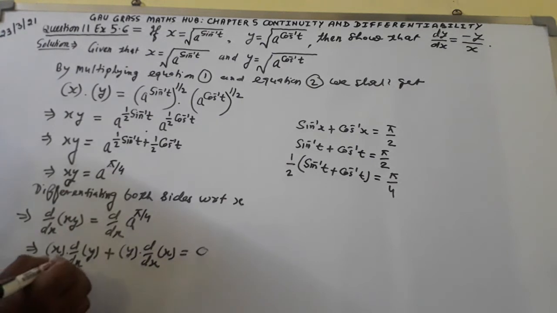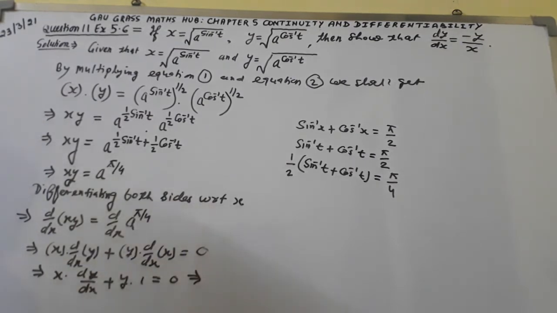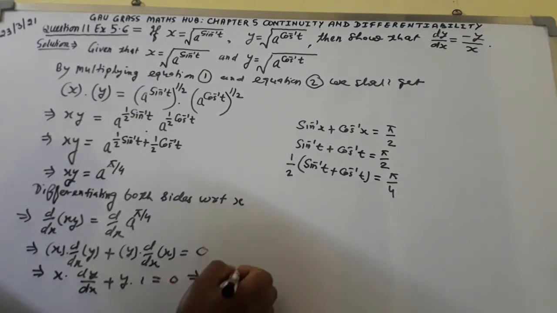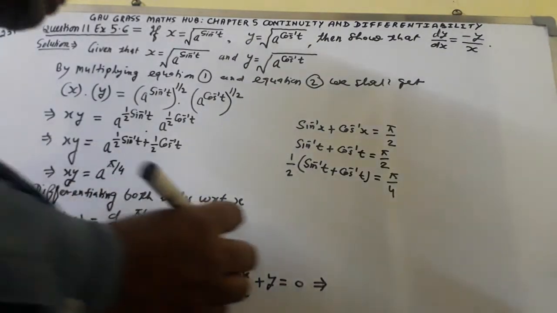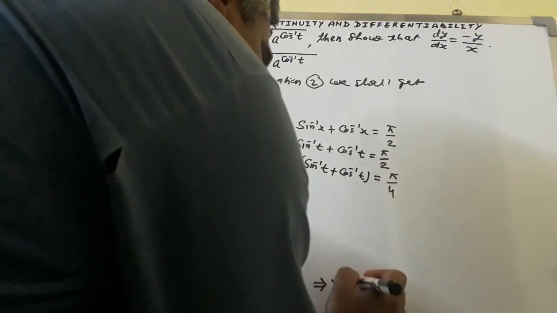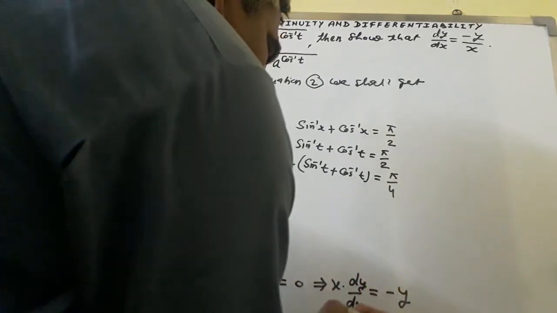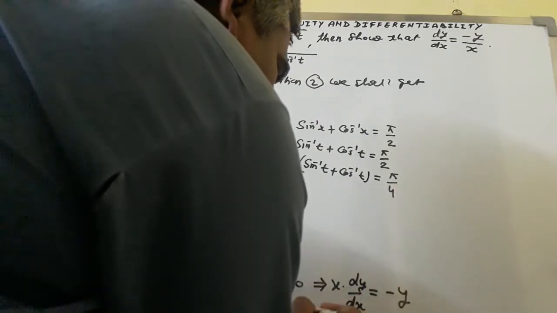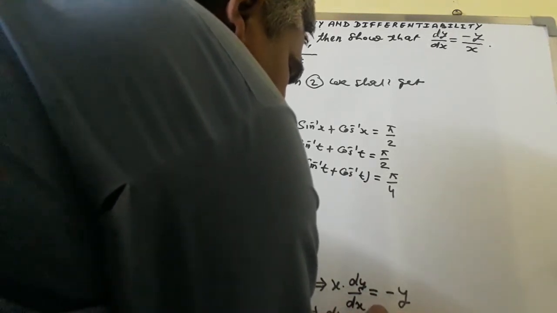So here I shall write x dot dy over dx plus y dot 1 is equal to 0, imply that x dot dy over dx plus y is equal to 0, imply that x dot dy over dx is equal to minus y, imply that dy over dx is equal to minus y over x.